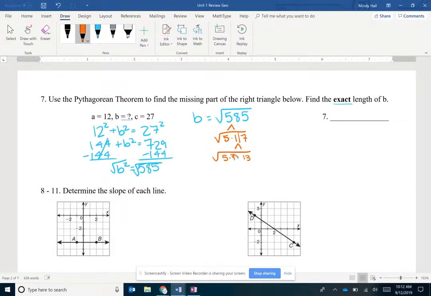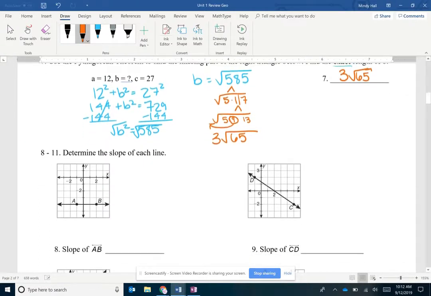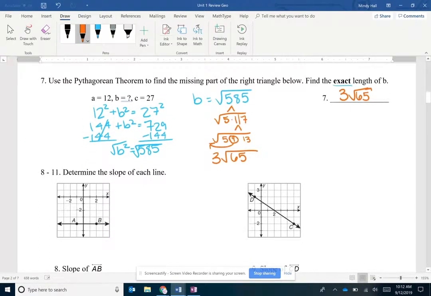Now I have a perfect square of 9. The square root of 9 is 3. And then 5 and 13 are left inside. Since I can't do anything with them, I'm just going to multiply them back together, which gives me 65. So my answer is 3 root 65, and this is units.